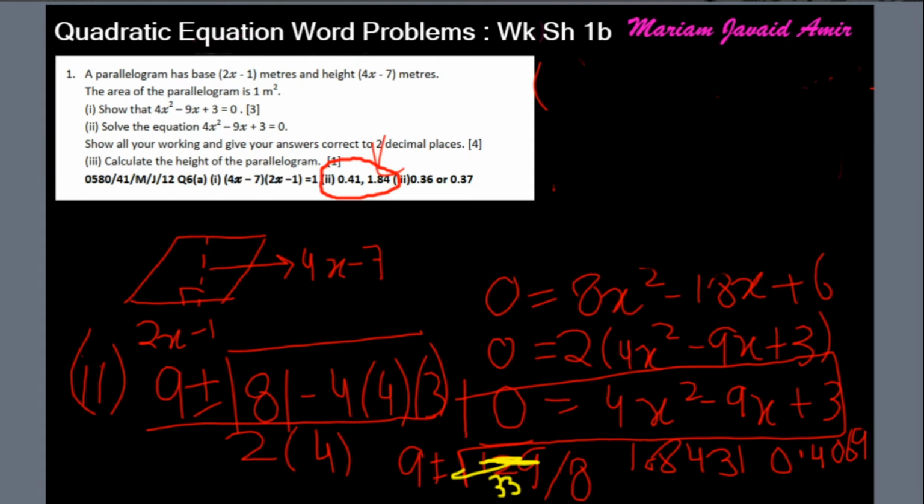For part 3, we have to calculate the height of the parallelogram. So part 3 is find the height of the parallelogram. The expression for that is 4x minus 7. We're getting 2 values of x, this and this.